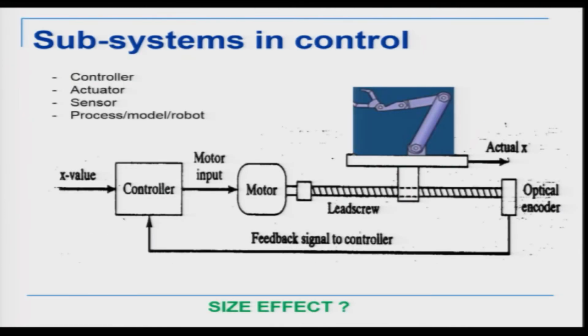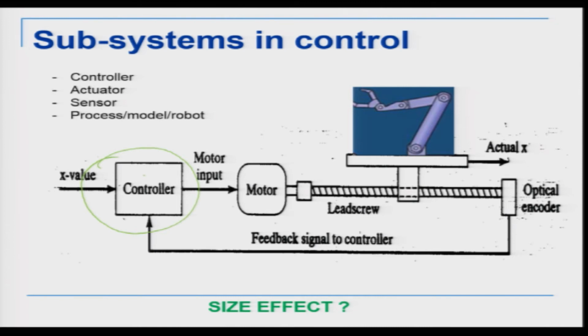We will start off with this basic diagram here, which explains the various components in a control system. In a basic control system we have 4 parts. One is the controller, which is basically going to control the system.